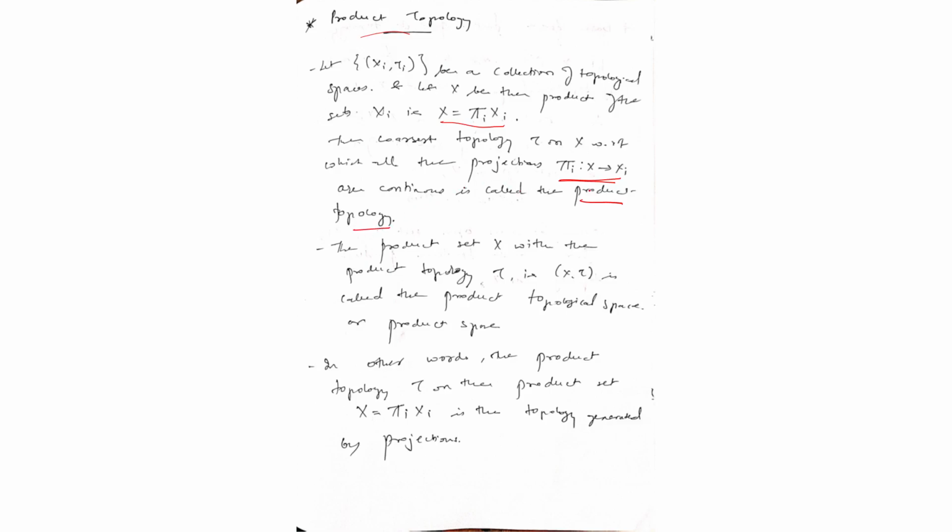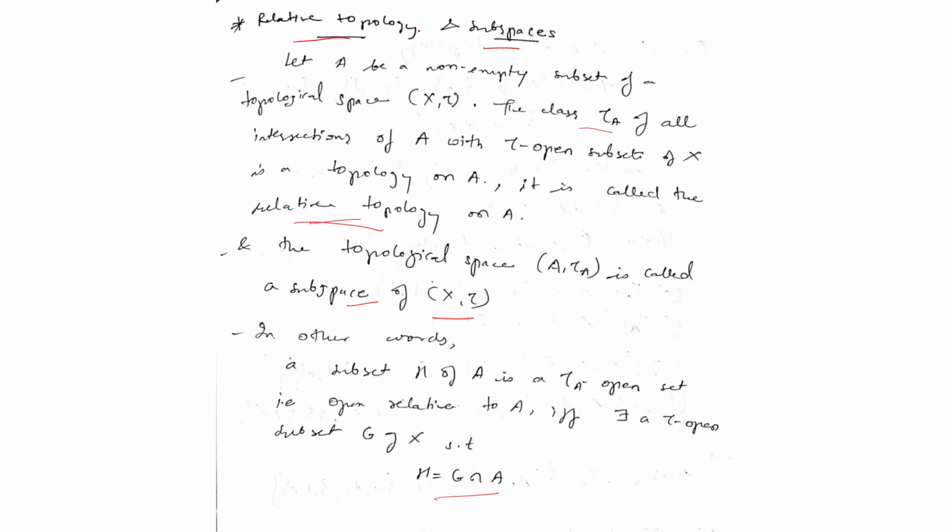So the product set X with the product topology tau is called the product topological space or product space. In other words, it is the topology generated by the projections. I hope it is clear what product topology and relative topology are.